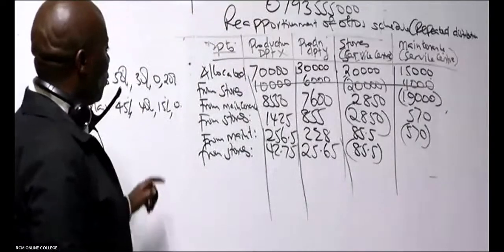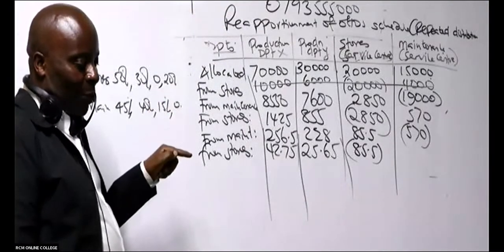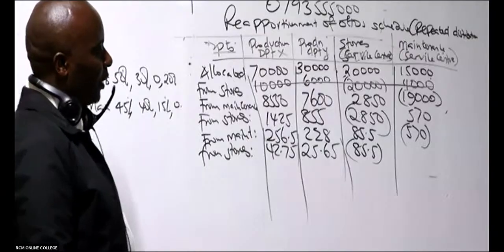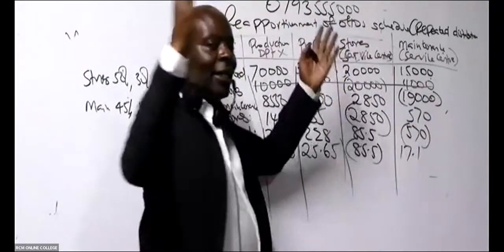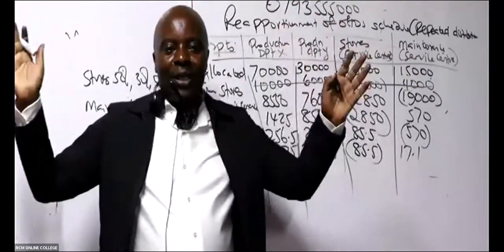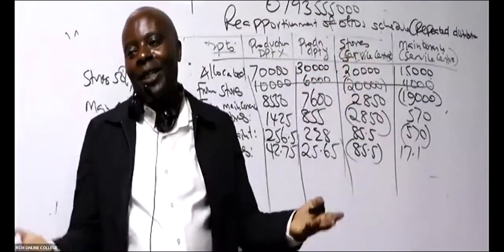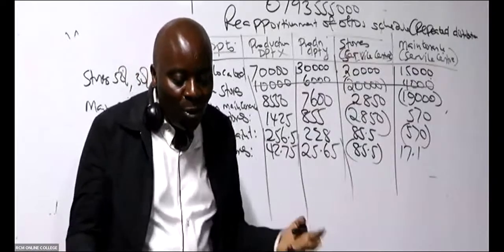And then lastly, we have 20% of 85.5, 17.1. Can we lift up a hand and say now we have finished? No, 17.1 is still big. It is not 0 point.